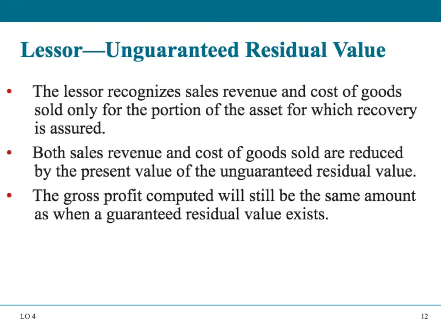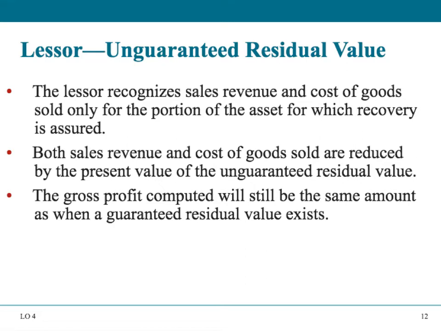Now this write-up might be a little bit intimidating, but once we put it with the numbers, you will understand what's going on. If you have unguaranteed residual value, the lessor will recognize sales revenue and cost of goods sold for the portion of the assets for which the recovery is assured, meaning you can only do it for the rent payments.